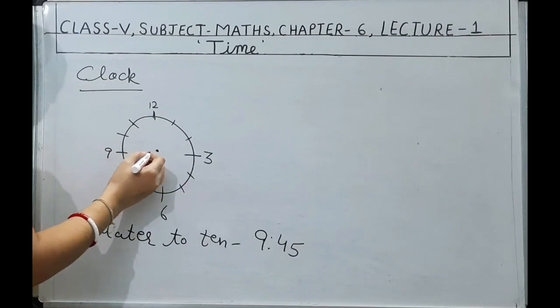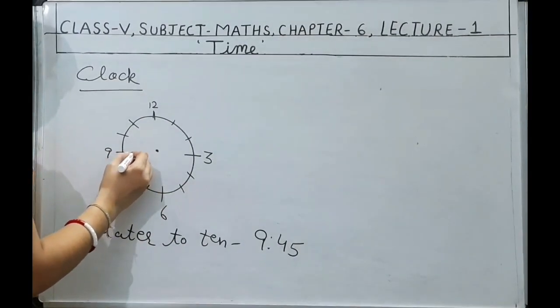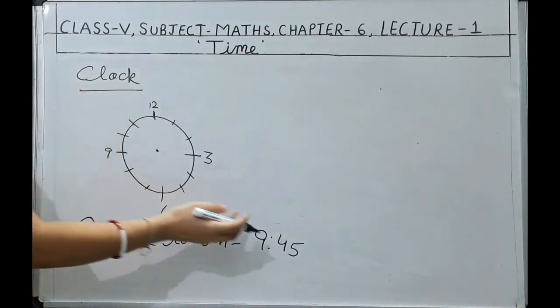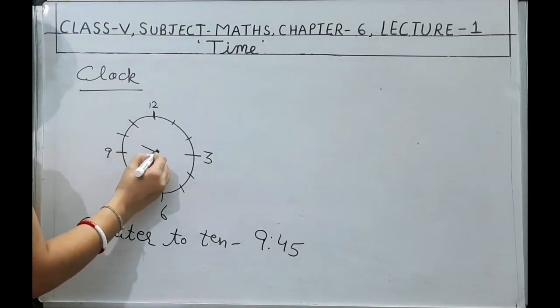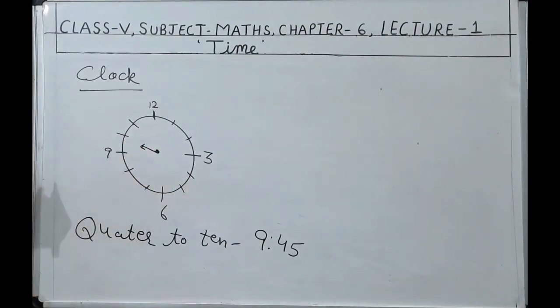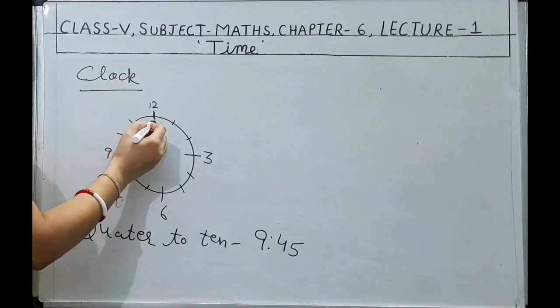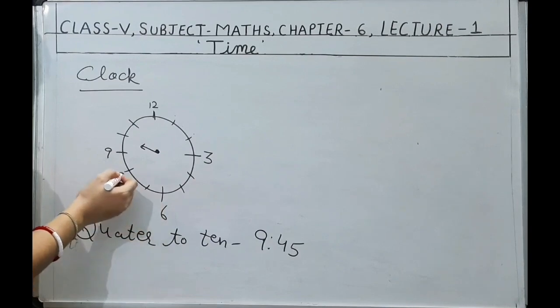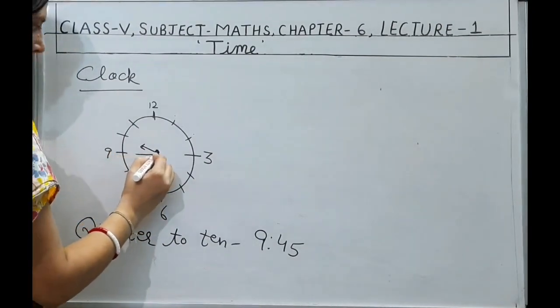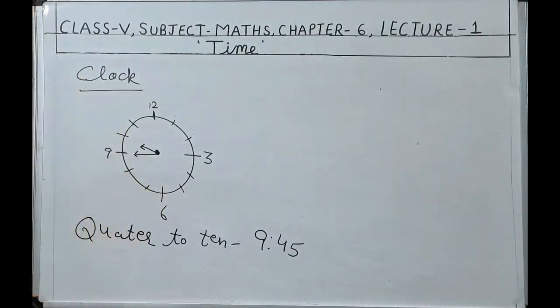Our hand will show 9, and here it means total 9, but 9 बजे के बाद 45 minutes भी पास हो चुके, so it will move a little. Okay, move करेगी थोड़ी सी 9 और 10 के सेंटर की तरफ. And 45 minutes, 5 minutes, 10 minutes, 15, 20, 25, 30, 35, 40, 45. So minute hand will be like this. So in this way we can draw the hands of the clock. We can write down the time. Okay.